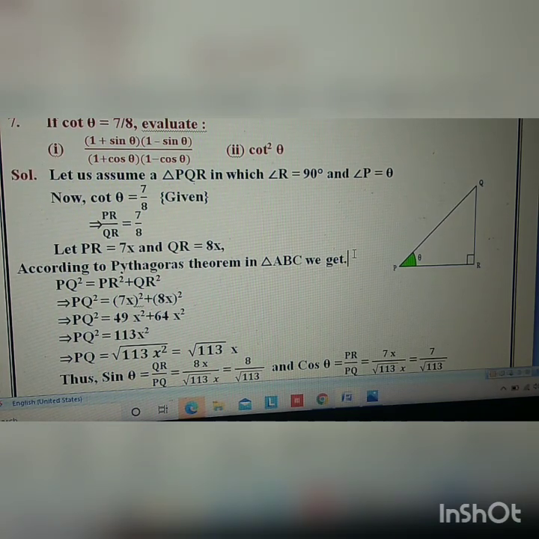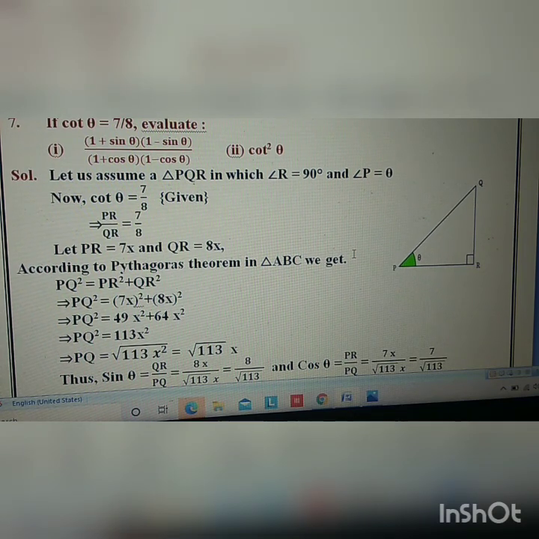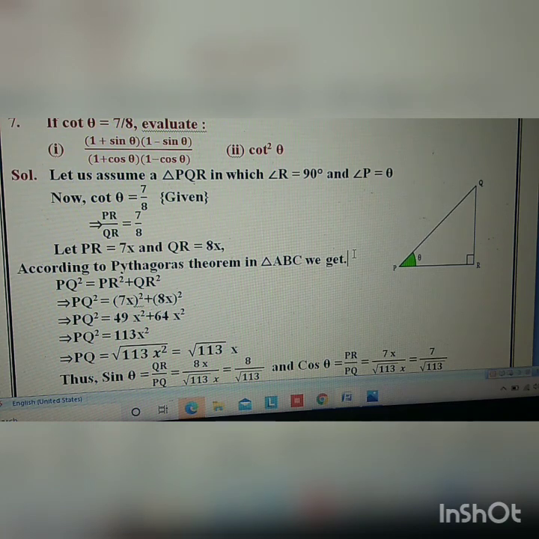The perpendicular is the side always opposite to the angle, so the side opposite to angle theta is QR. Now the ratio of PR and QR is 7 upon 8, so once again they would be multiples of a constant term with 7 and 8. So let PR be equal to 7x and QR equal to 8x.